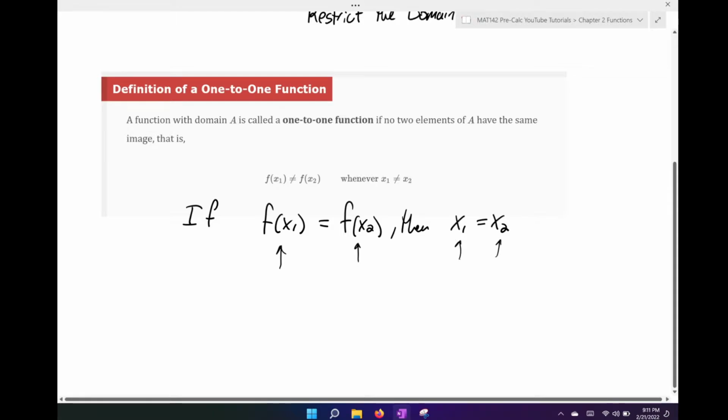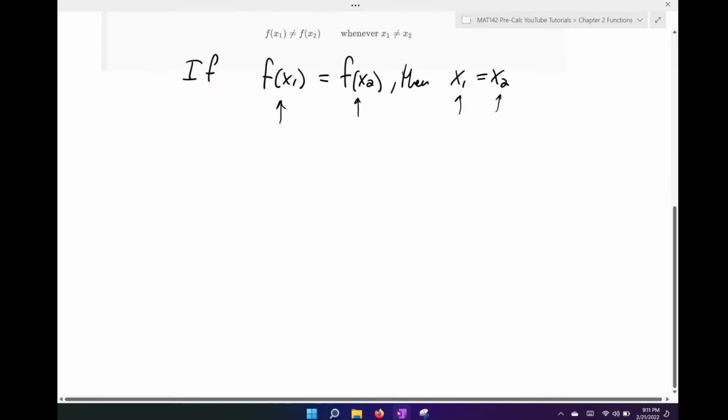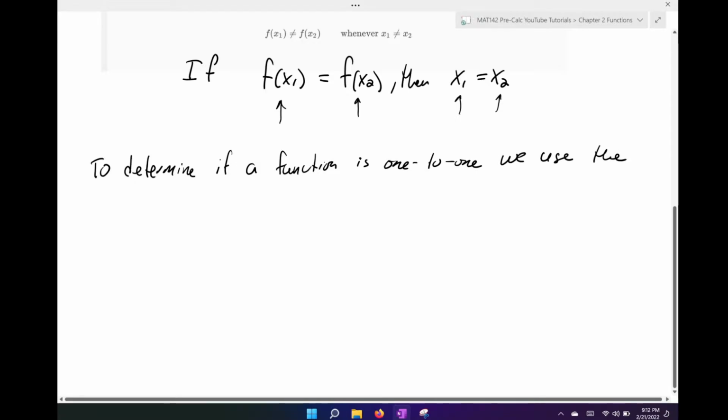In other words, if you get the same exact output, you better have the same exact inputs as well. Okay? So an easy way to demonstrate this, to determine if a function is one-to-one, is to use the horizontal line test.